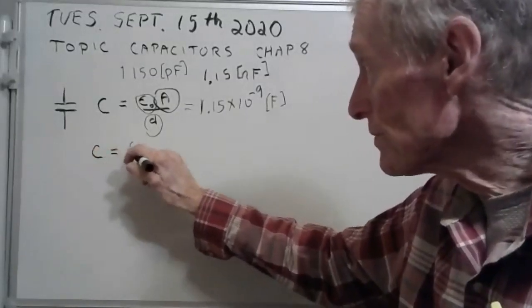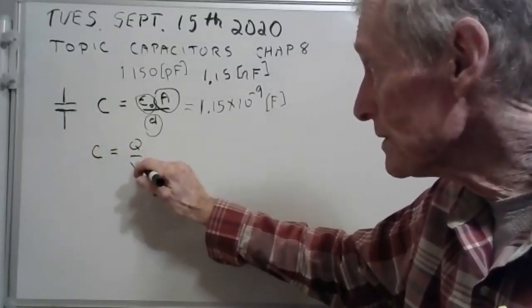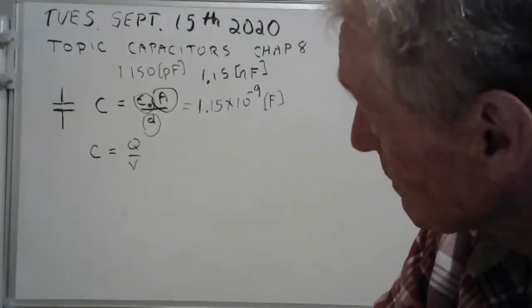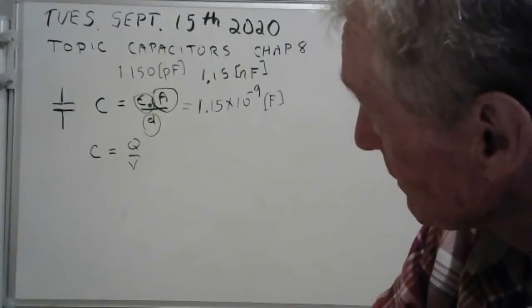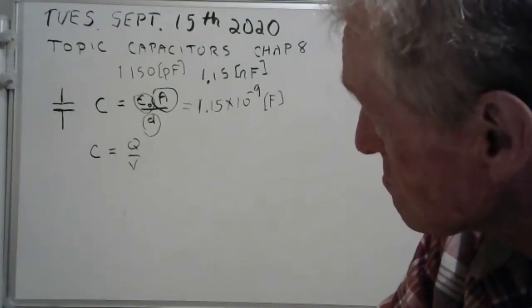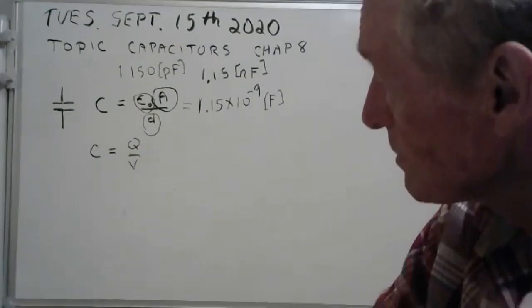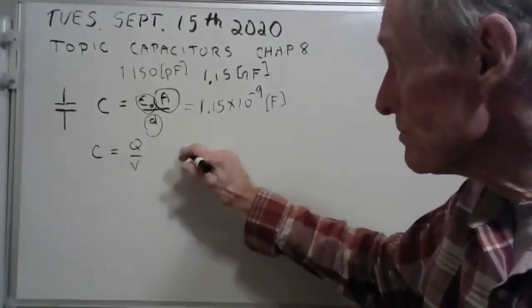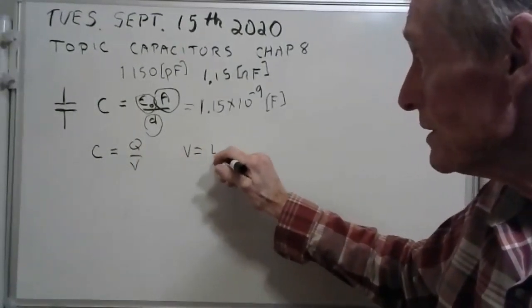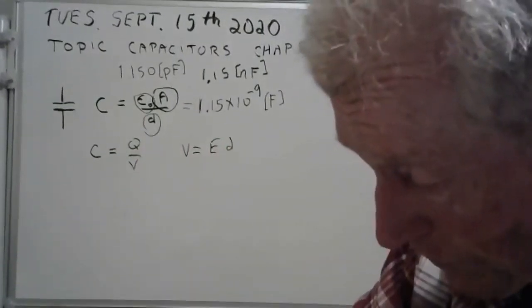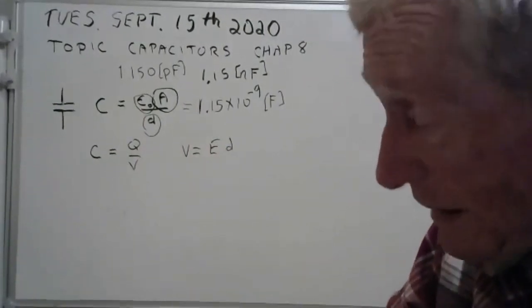We know the definition of capacitance goes like that. And we know that voltage is equal to ED if the electric field is constant, and it is.